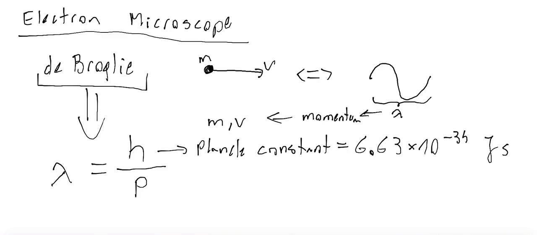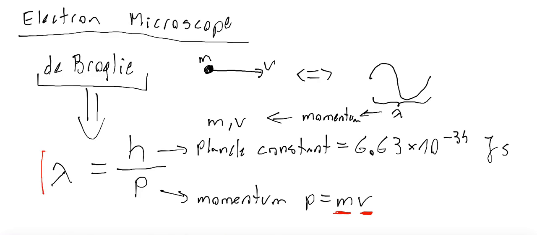This is the unit, you don't need to know the unit, you don't need to memorize this constant. And this small p is the momentum, and this momentum depends on the mass and velocity. Basically, it's a product of mass and velocity. So for any particle of certain mass which travels with certain velocity, you can calculate the wavelength of the wave.